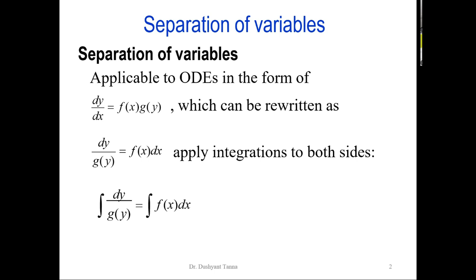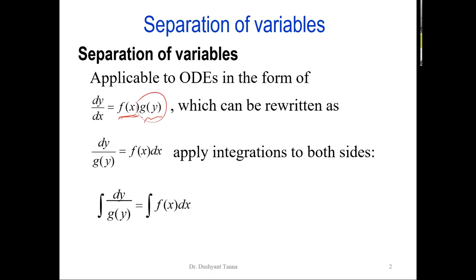Right. So as we know, the differential equation is dy by dx equal to something. So if I have dy by dx equal to two separate terms, f(x) and g(y), and they can be separated, like you can see here, then we will keep the y term with dy.